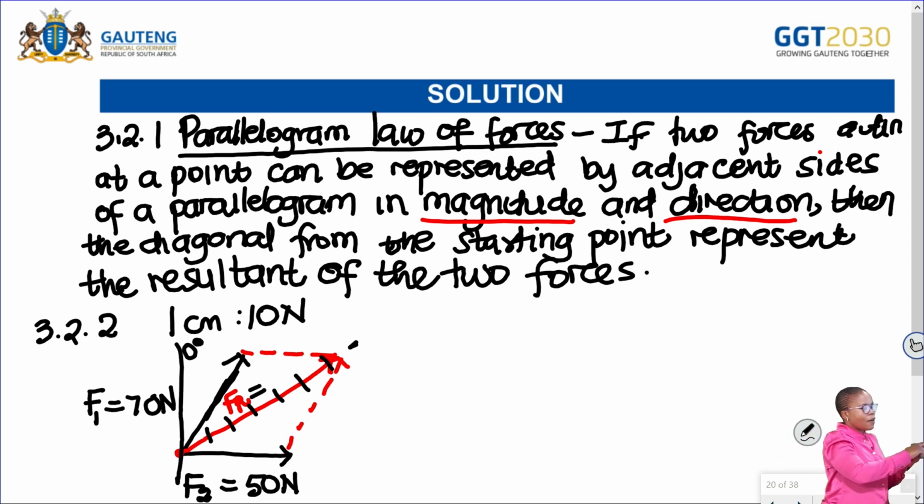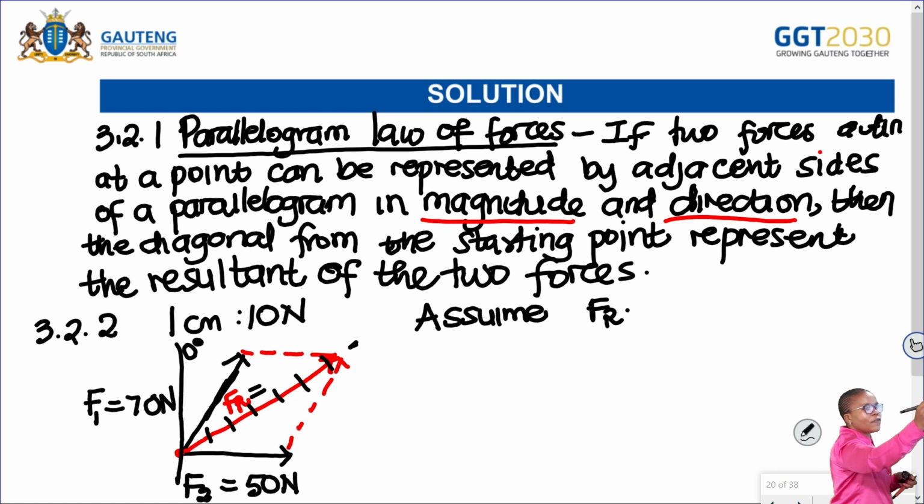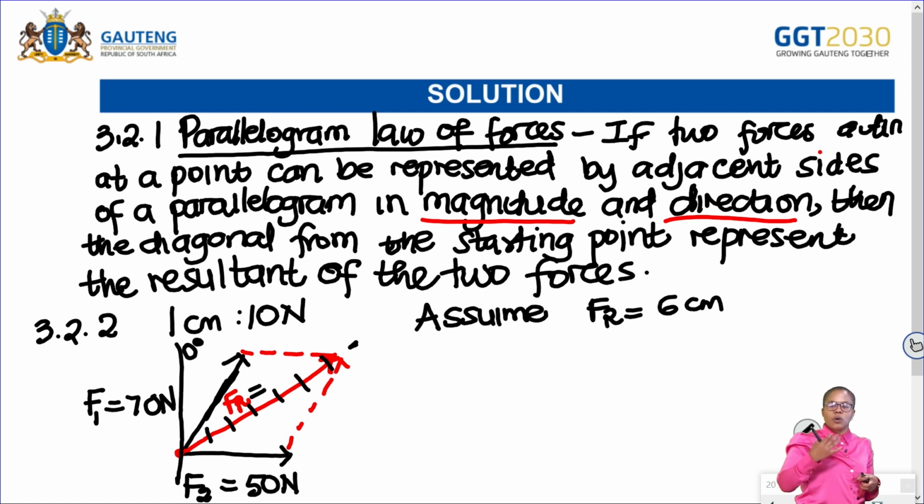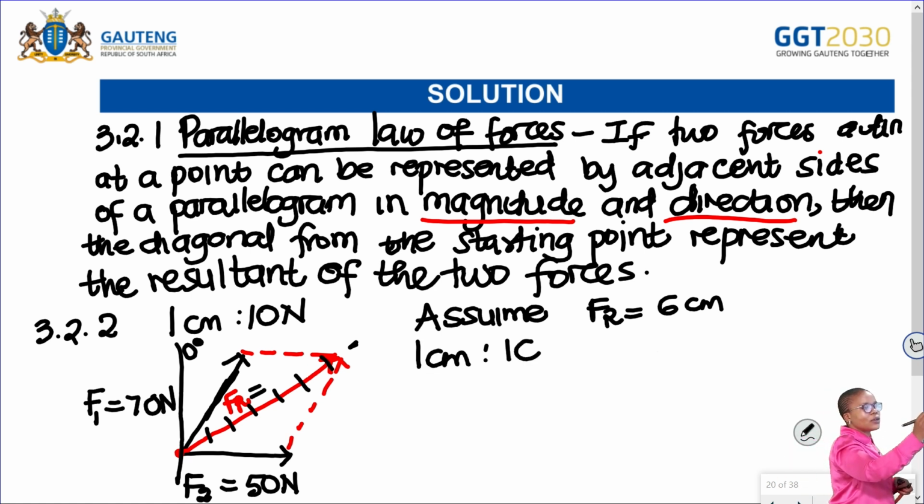You say, I've just measured 6. Assuming that the distance that you found for your FR is equal to 6 centimeters, how do you then use your scale to go back? You say 1 centimeter is equivalent to 10 newtons. Therefore, if I have 6 centimeters, how many newtons do I have? Your centimeters are cancelling each other.